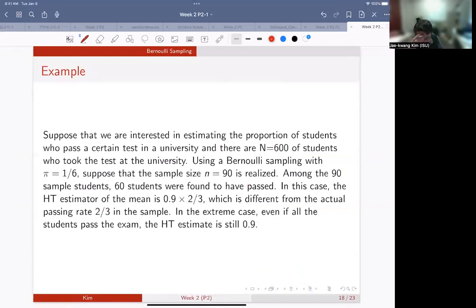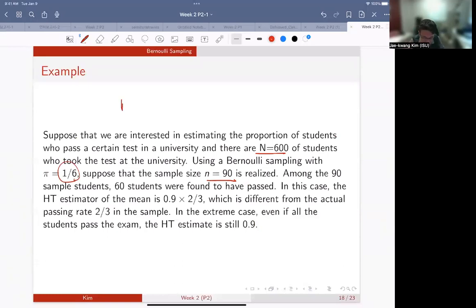Okay, here's an example you can think of. Suppose we are interested in estimating the proportion of students who pass a certain test in a university, and there are 600 students who took the test at the university. Among the 600, we select about 1/6 using dice, and end up obtaining 90.